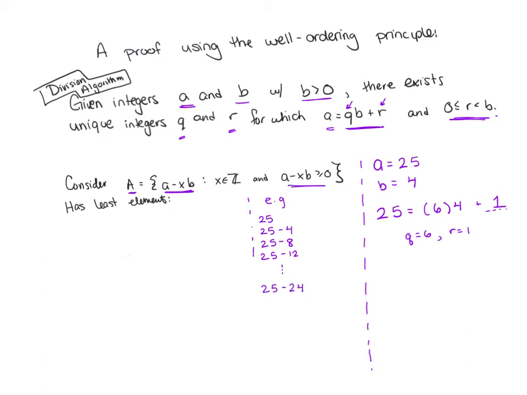And I'm going to stop if this ever gets less than 0. So when I add one more multiple of 4 there, I have to stop because I only want the a minus xb's that are greater than or equal to 0. So I get all of these numbers. Oh, subtracting is hard. In my set, let me do this one. 25 minus 8 is 17.